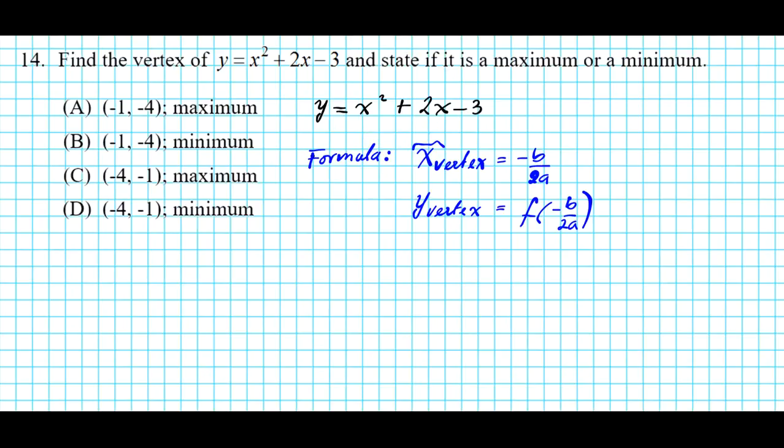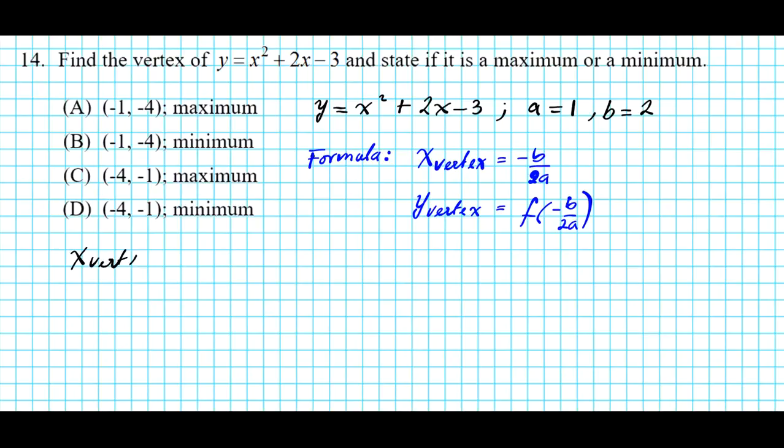As you can see in the formulas, all we need to find the vertex are a and b. So a is 1 and b is 2. Let's start by determining what the x coordinate of the vertex is.